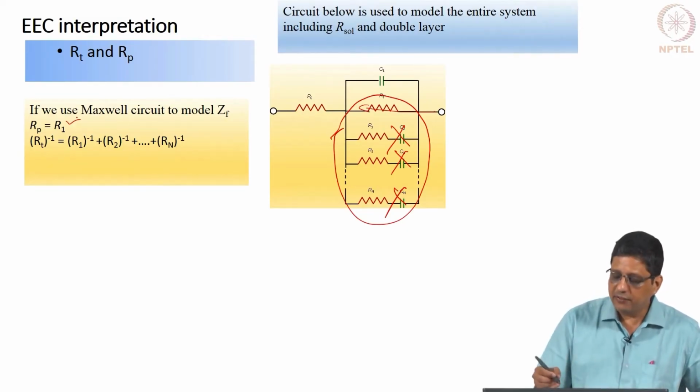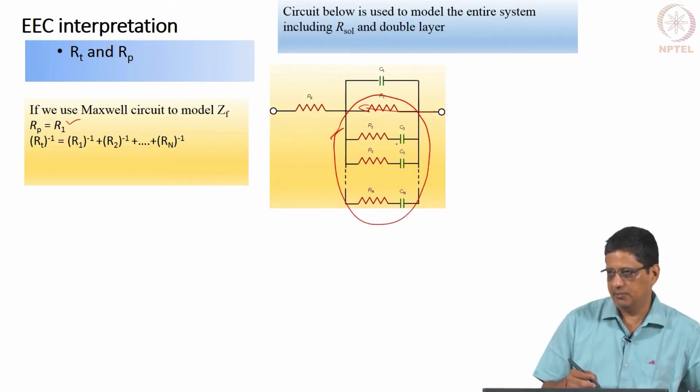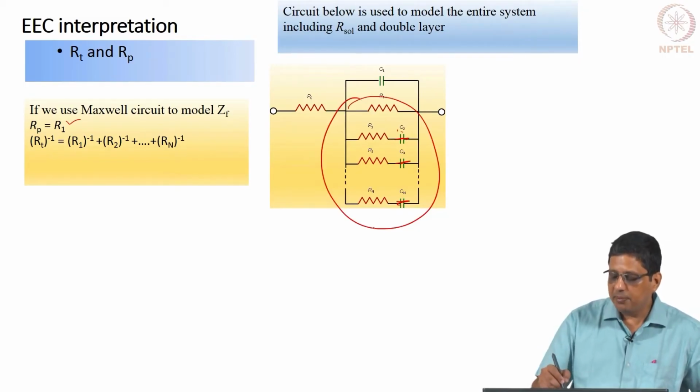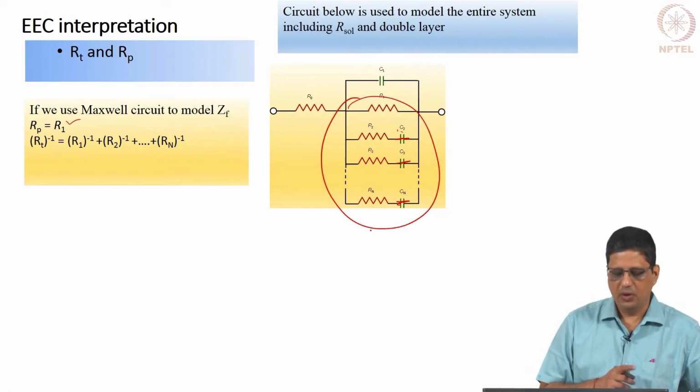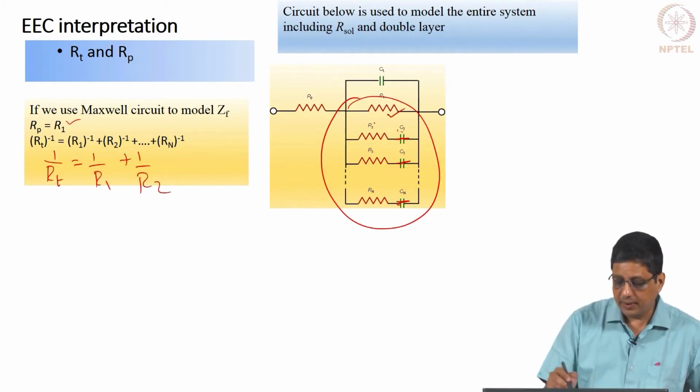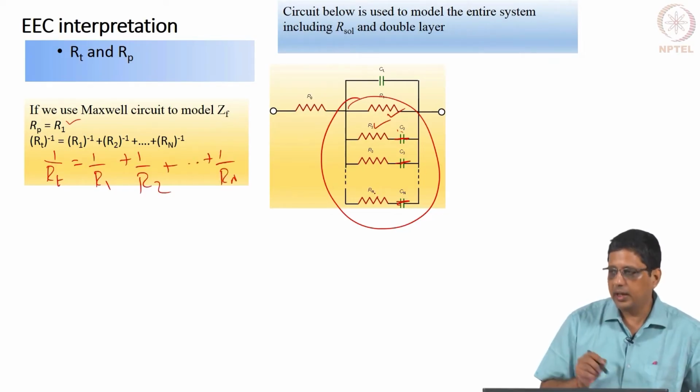If I use infinite frequency, capacitance basically offers 0 impedance, in which case this becomes short circuited, this becomes short circuited, and we have a set of resistances in parallel to represent the Faradaic impedance, which means at infinite frequency I can write 1 by RT is 1 by R1 plus 1 by R2 and so on until Rn.